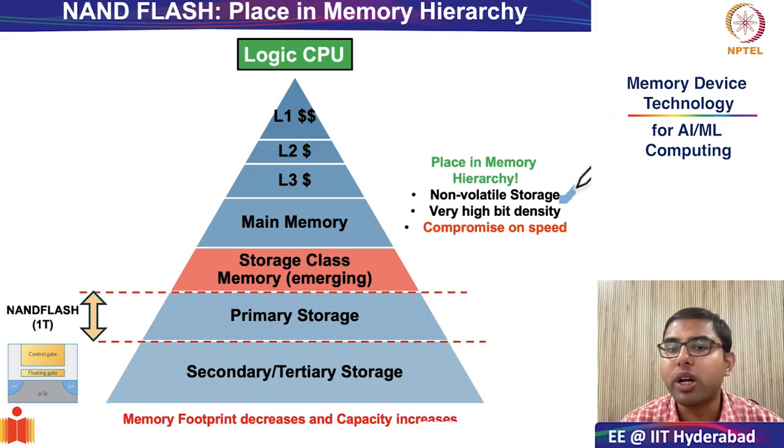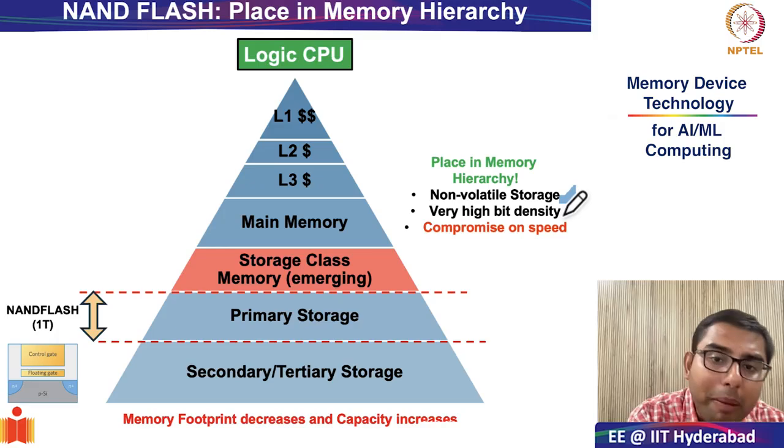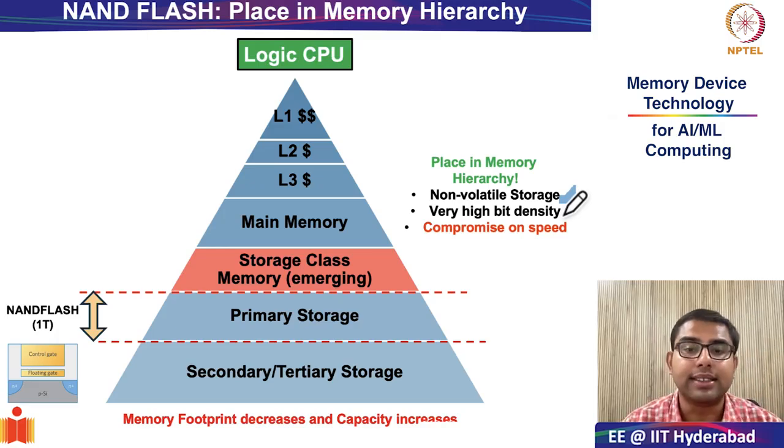The other very important aspect is that of very high bit density, or you can also say very low cost per bit. That is the other very keen focus when we move from memory devices to storage devices. And all of this, as you know, happens at the compromise of speed. This is what our pyramidal hierarchy also indicates.